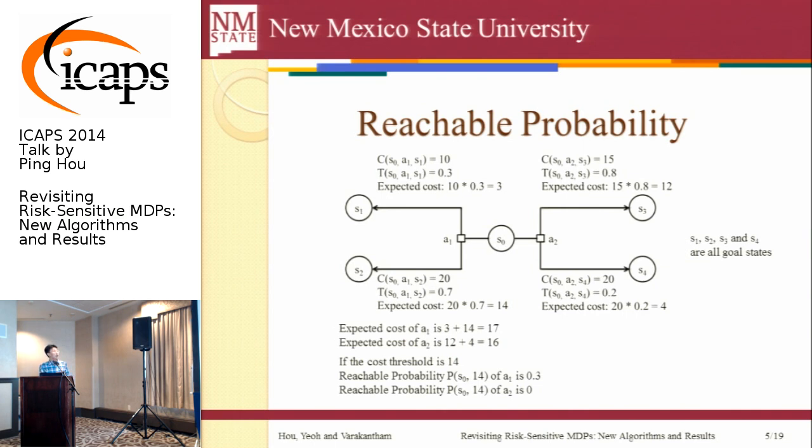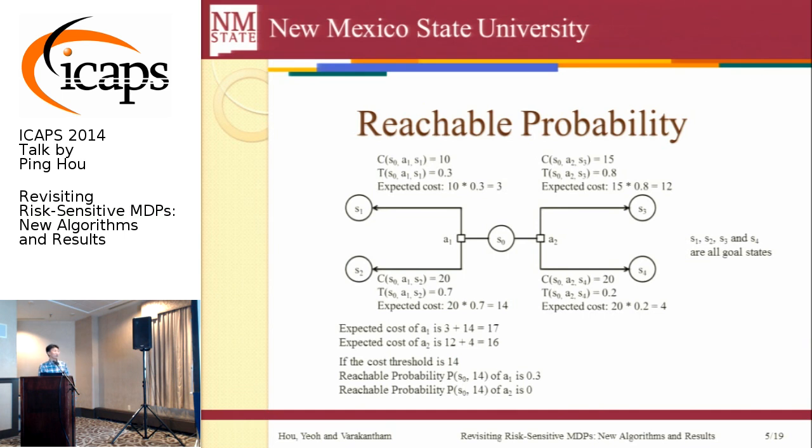Now for A1, only in the first branch is the cost smaller than the threshold. So for action A1, they can reach the goal with probability 0.3. But for A2, for both branches, the costs are actually bigger than the threshold. So for action A2, the reachable probability is 0. So now action A1 is better.